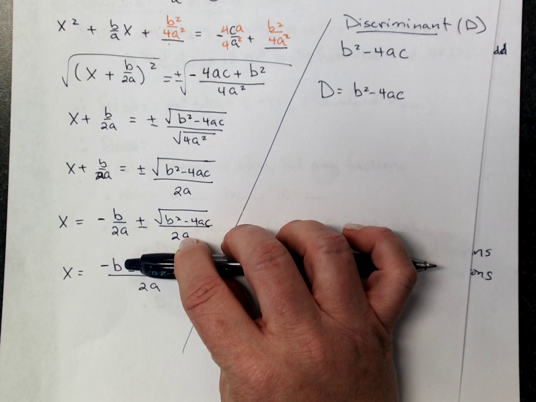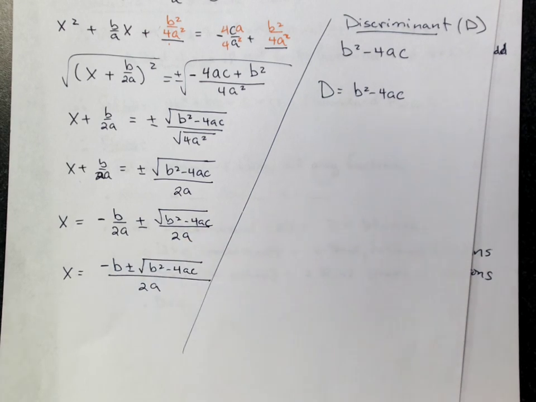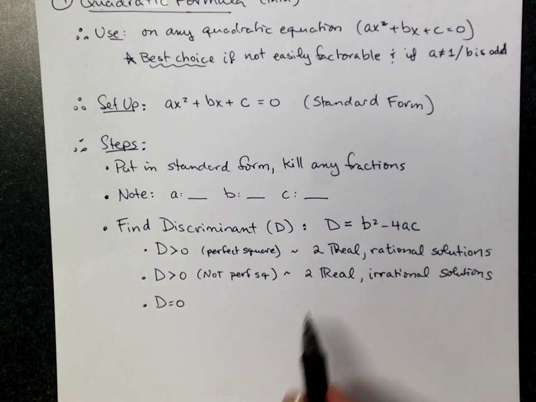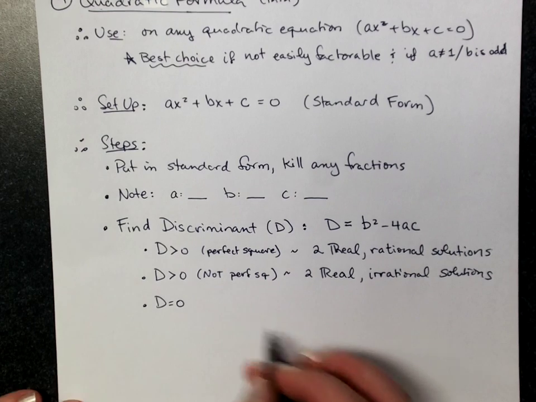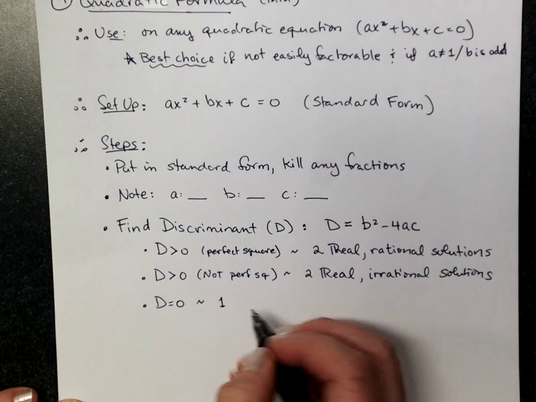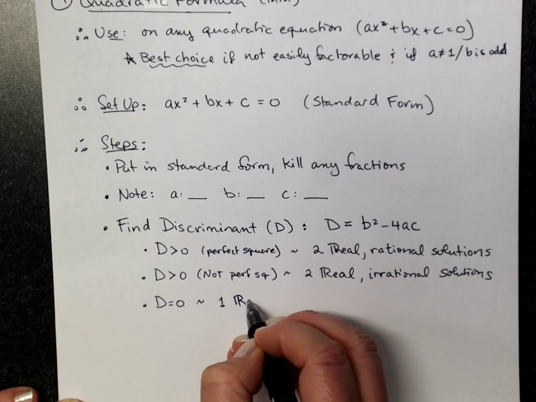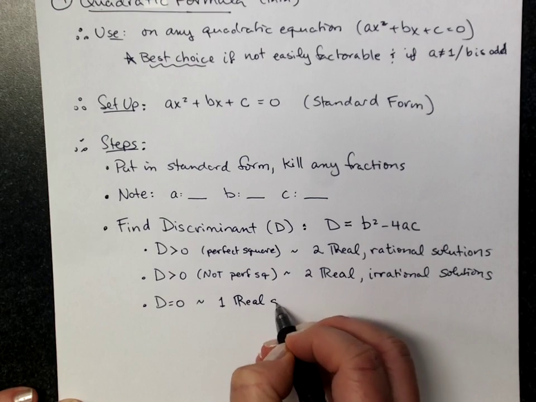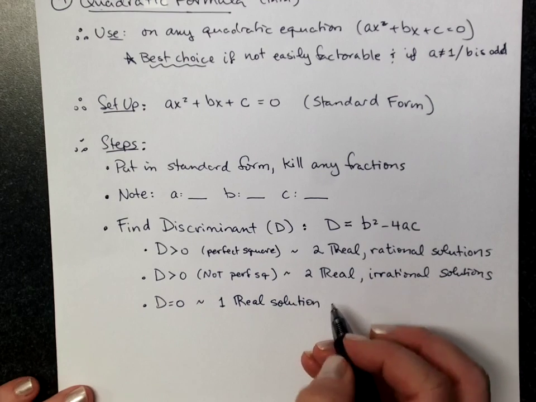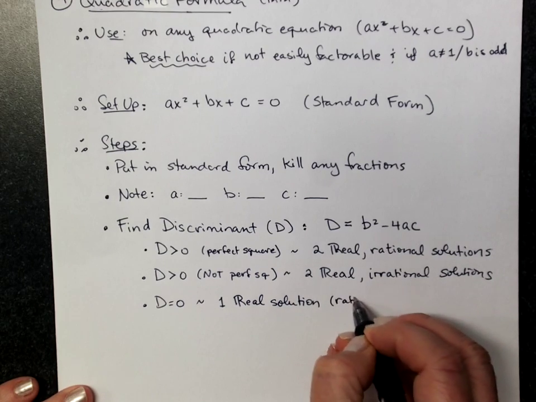Just one solution because plus 0 and minus 0 doesn't change anything. It's still real because 0 is a real number; it's not positive or negative, so it's not non-real. So you have one real solution, and because there's no radical sign left, it's also rational.